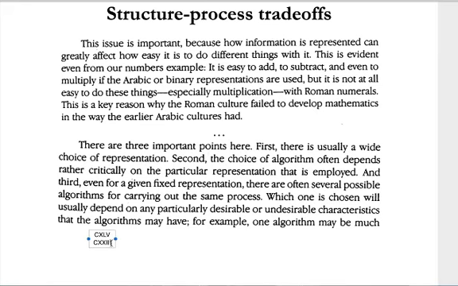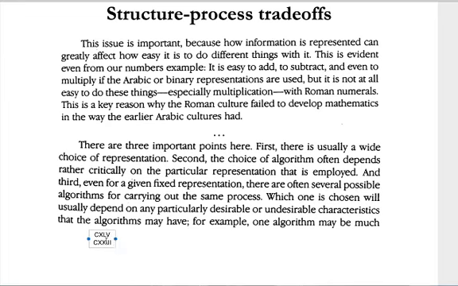And his point is just that one of these representations is well suited to a particular algorithm for multiplying, namely the Arabic one, while the Roman numerals are really poorly suited for doing these kinds of operations. And so again, our choice of representation is constraining what kinds of operations or processes we're able to do.